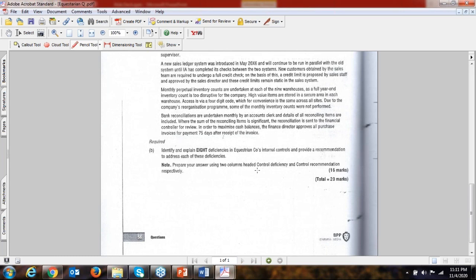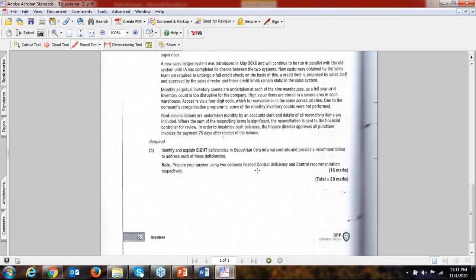And if you get 15 marks in the internal control question, you can imagine you got 35 marks out of 50. So it will be very easy for you to get the remaining 15 marks from the 13 mark section from the MCQ section and the remaining one question of 20 marks.